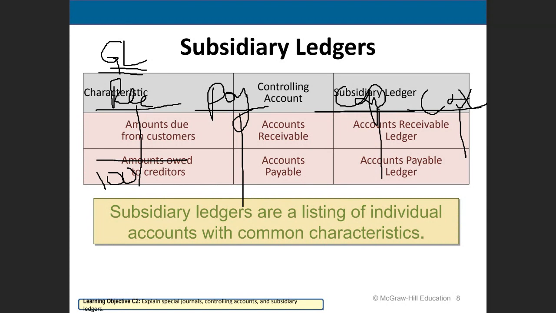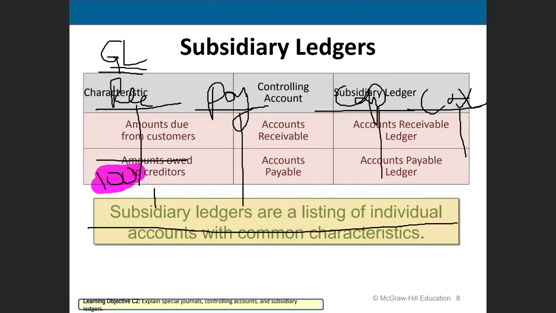Now we want to know exactly how much each customer should pay, all the details. So we go to the receivables and double click, maybe, depending on the system, and it will take us to another page. We call it the accounts receivable ledger.